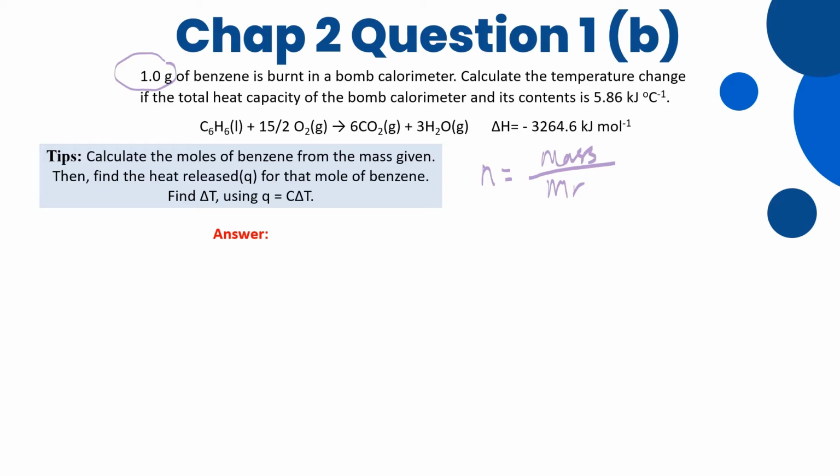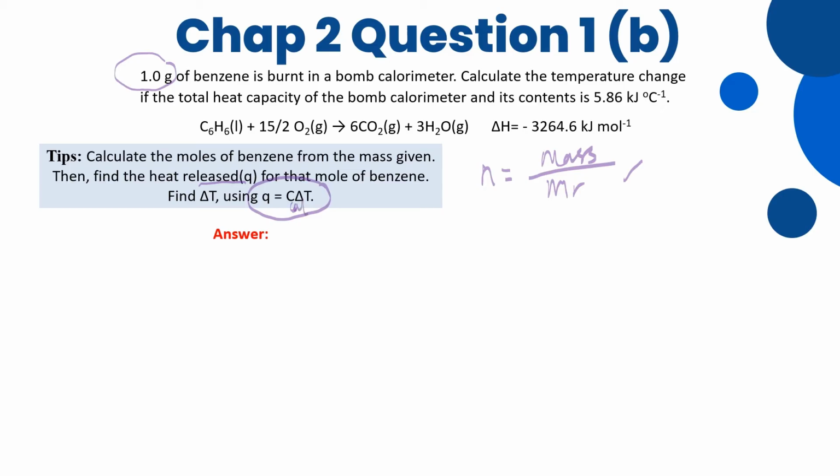Then after we find the mole, we can find the heat released, which is Q, for the particular amount of mole in this question. After that, we can relate Q and delta T using the formula Q equal to C times delta T. C here is the capital C, which is the heat capacity.